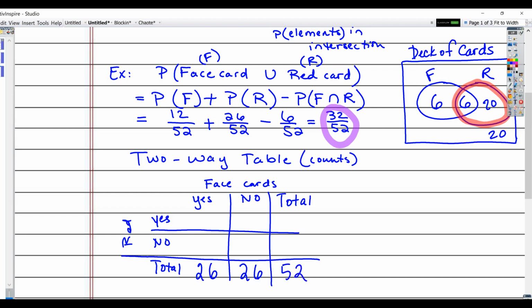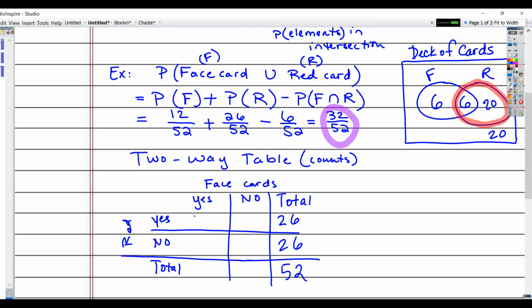How about reds? Wait, isn't the red 26 and 26 and the face... Oh, I flip-flopped the labels, didn't I? You are right. This should be split differently. Thank you for pointing that out. So let's take that information I just put in the wrong spot and put it in the right spot. There you go. Thank you.